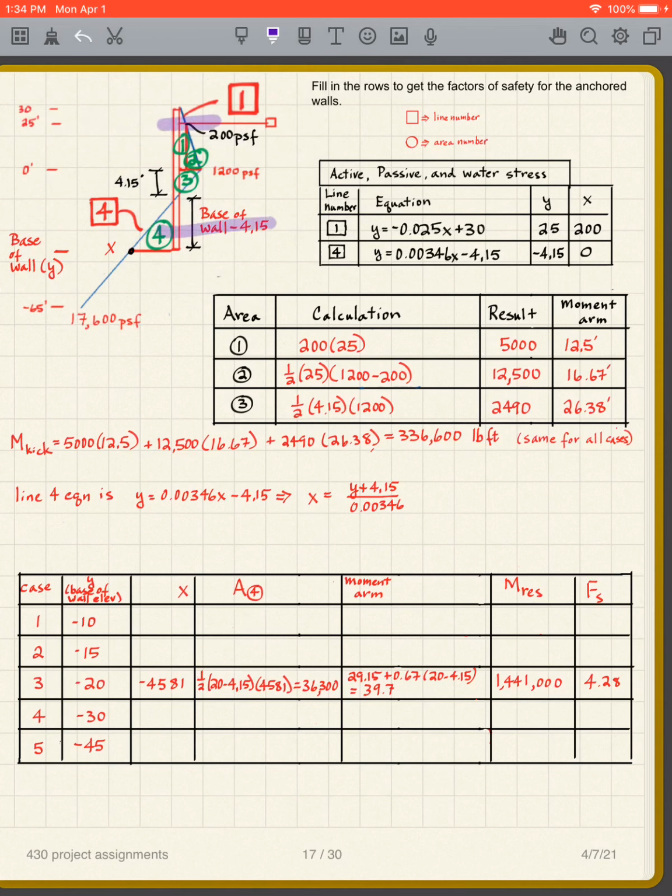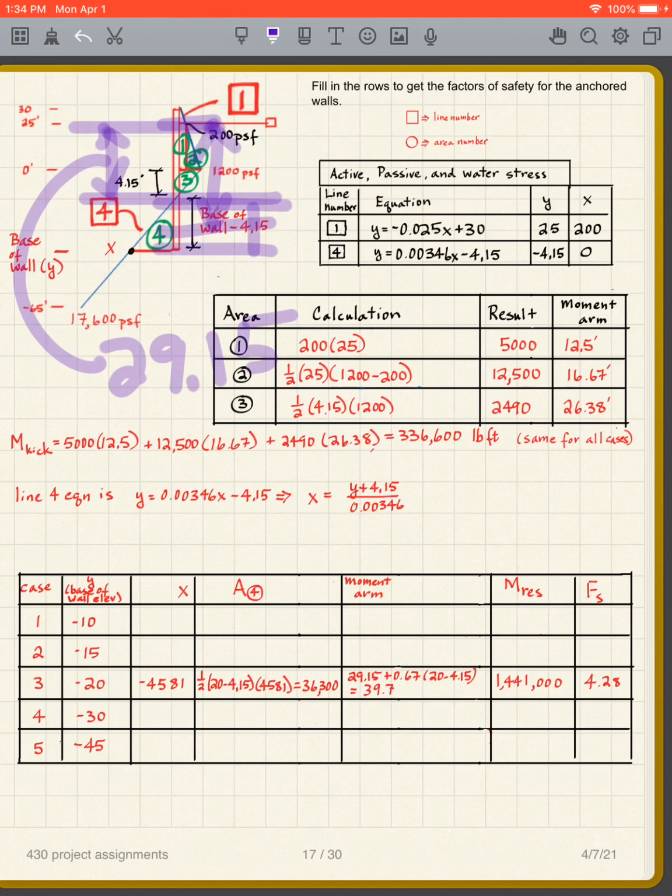So I need to get what amounts to being this distance, which works out to be 29.15, just 25 plus 4.15, plus 2/3 of my h of the triangle.